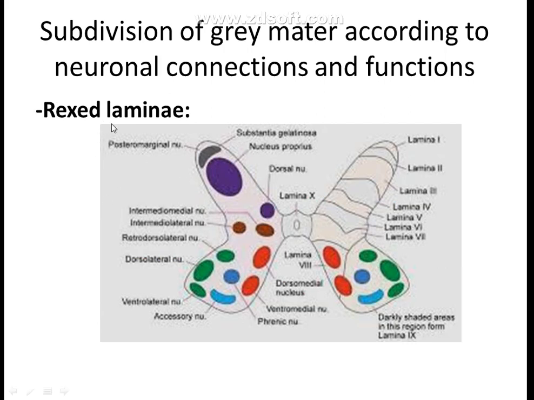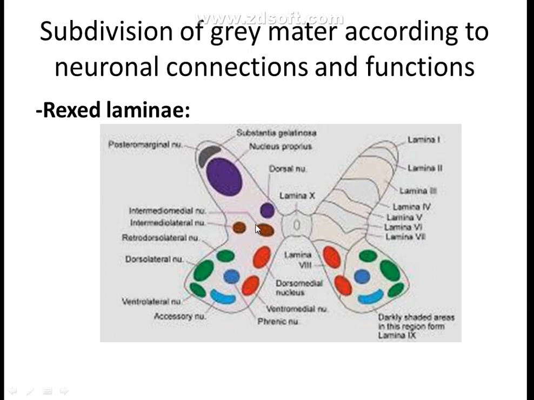Another scientist, called Rexed, made a laminar arrangement also according to function and histology. And these laminae, which are called Rexed laminae, are lamina 1, 2, 3, 4, and so on.